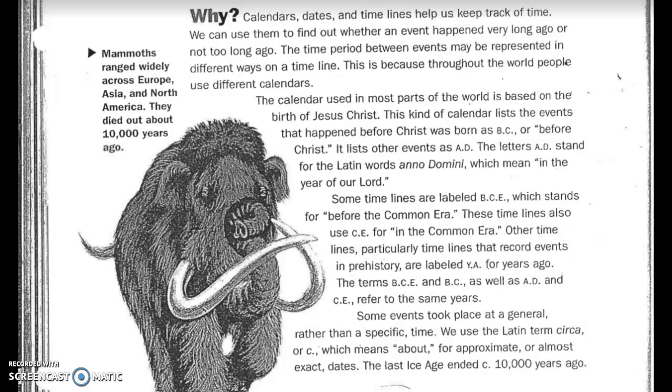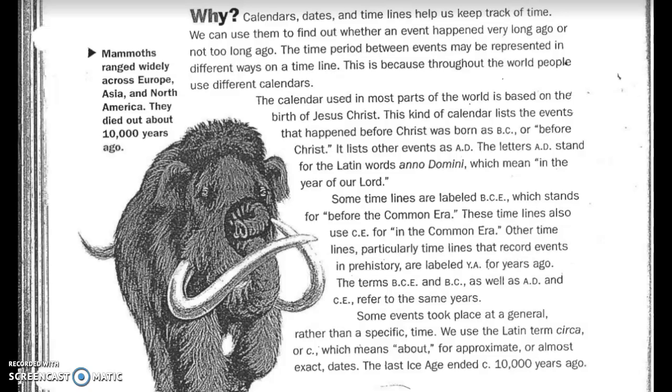This kind of calendar lists the events that happened before Christ was born as BC, or before Christ. It lists other events as AD. The letters AD stand for the Latin words Anno Domini, which mean in the year of our Lord.